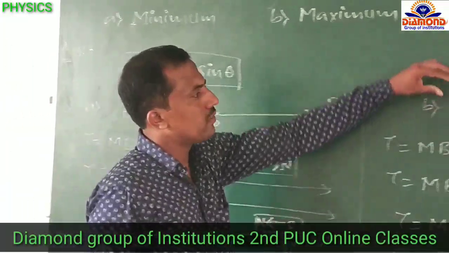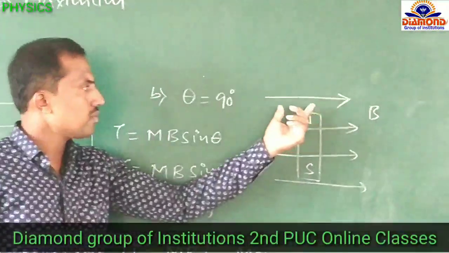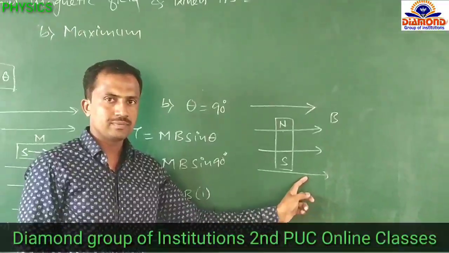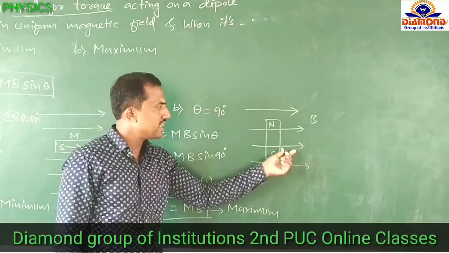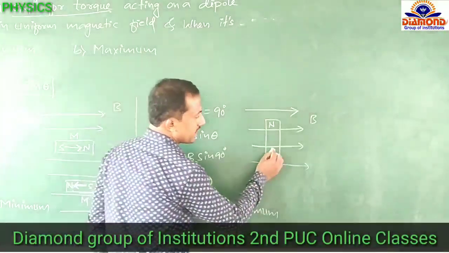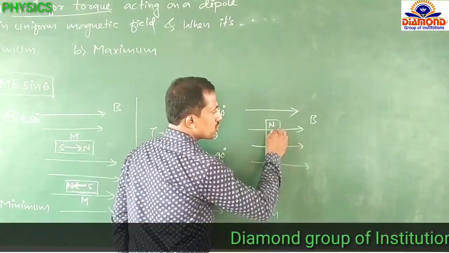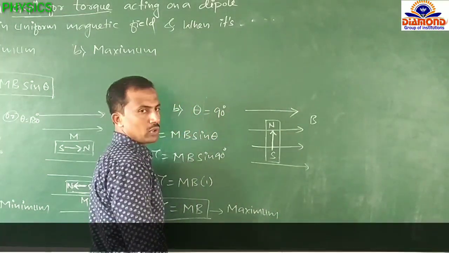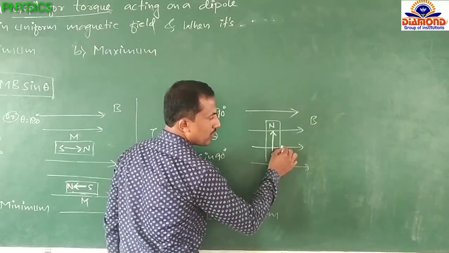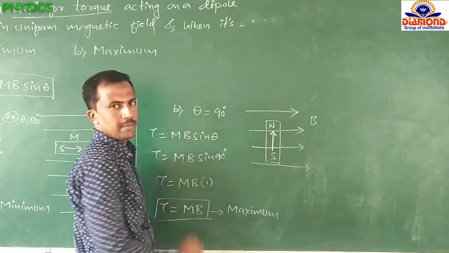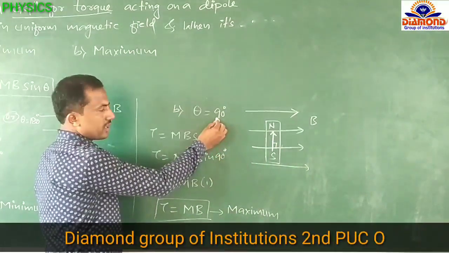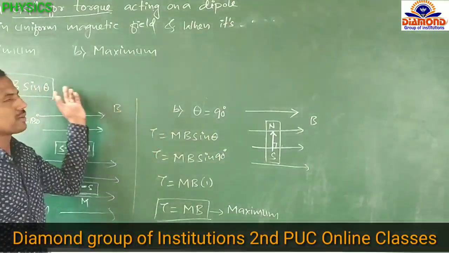The next one, when it is maximum, again we take a magnetic field line. In the magnetic field line, the dipole is placed. The direction of magnetic dipole moment is from south pole to north pole. Then an angle is created, theta equals 90 degree. We add this value in the above equation.